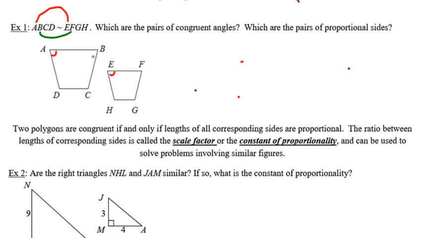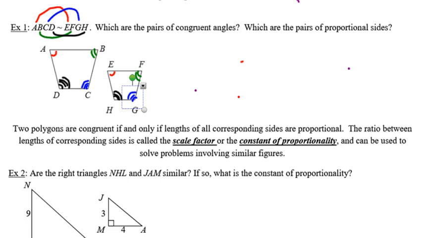B matches up with F, and those angles would be congruent. Following that same pattern, C is going to correspond with G and be congruent. And then lastly, D will correspond to H and be congruent to one another.